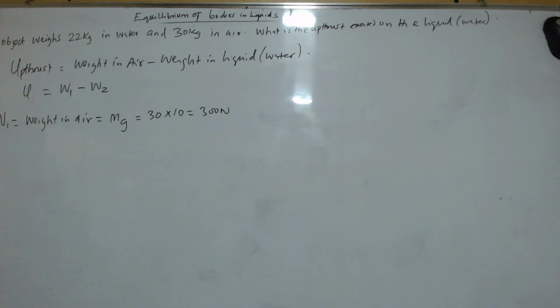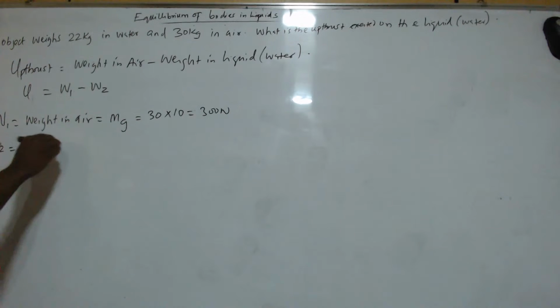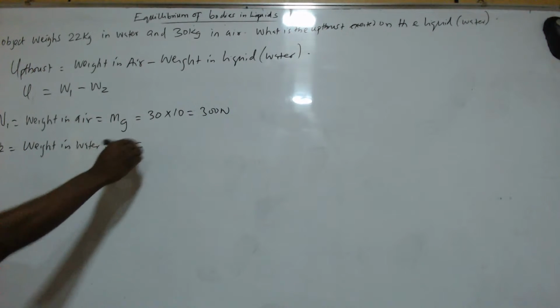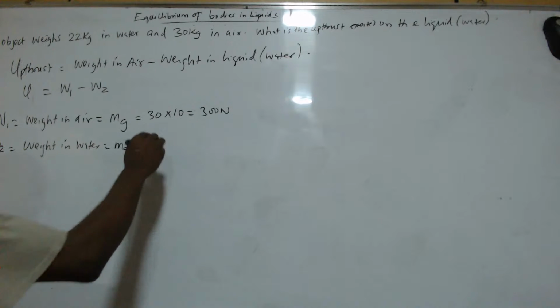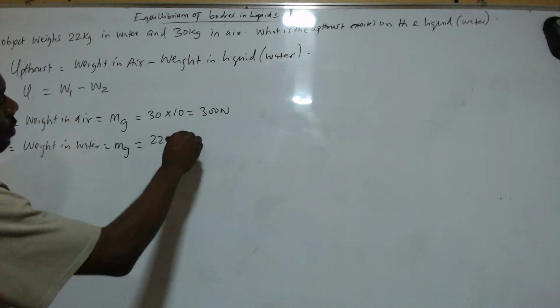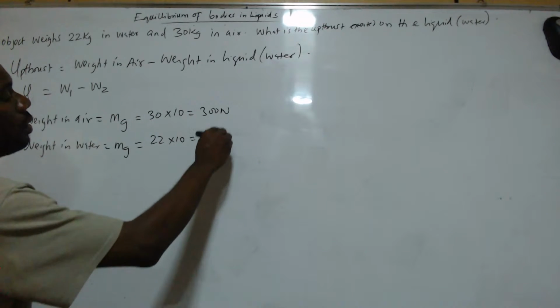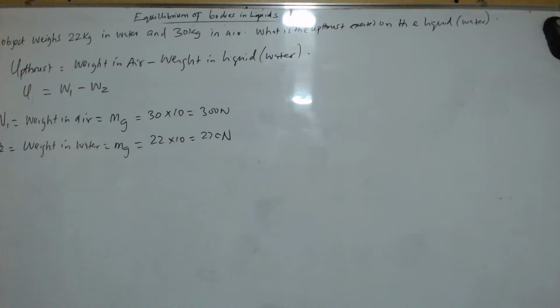Then let's find weight in water. W2 is weight in water, which is also mg, and is the same thing as 22 times 10, which is 220 Newton. Now let's calculate the upthrust of the liquid on the object.